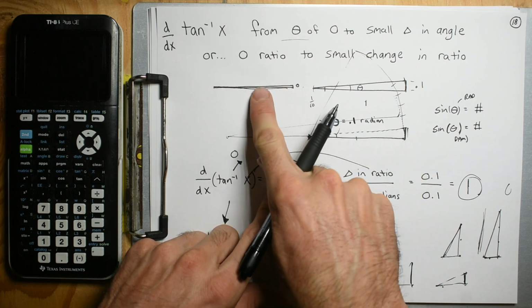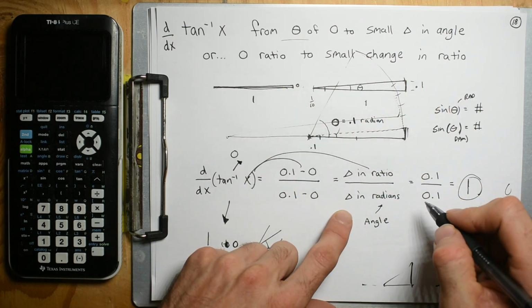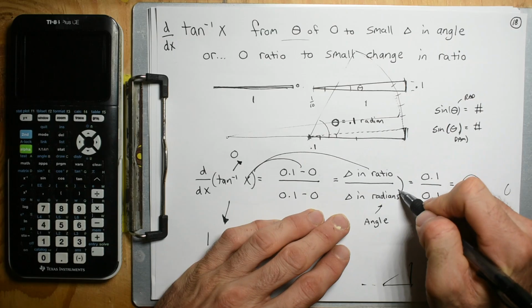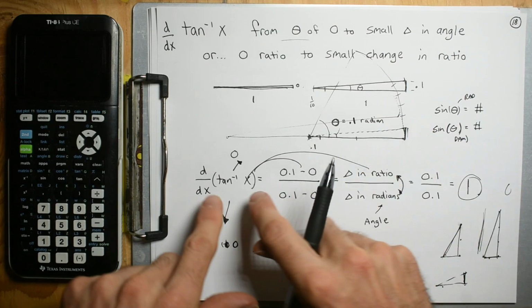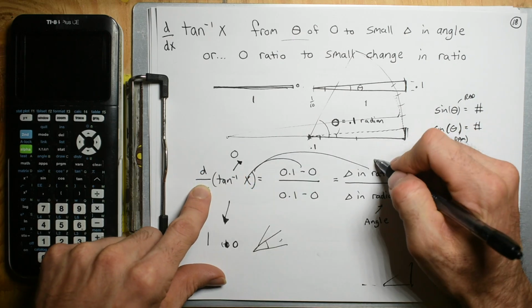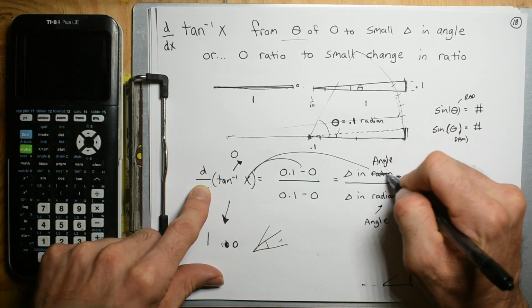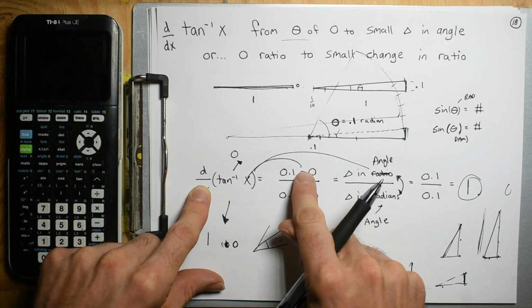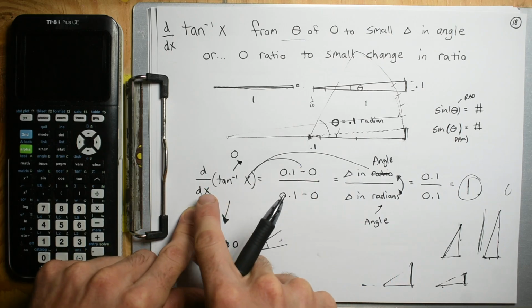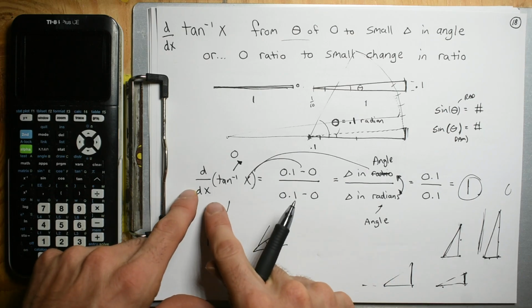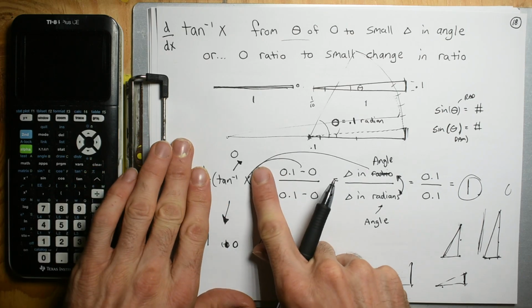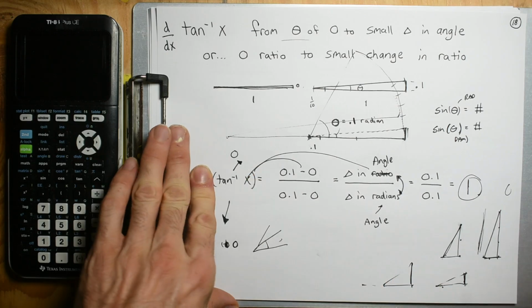So the angle went from 0 to 0.1 radians. So I have these mixed up. Do you see that error? This says we're changing the angle from 0 to 0.1 radians, and this says we change the ratio from 0 to 0.1. So that is good, because this is tedious. That's why this one is a good one to do.